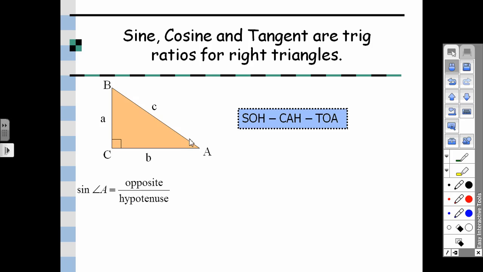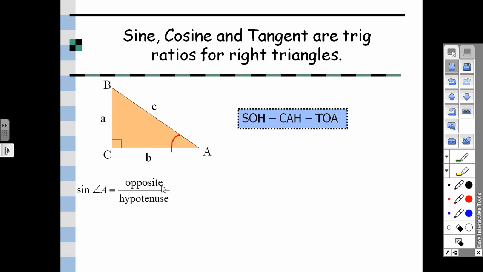First of all, we're going to be dealing with angle A right here, this angle. And when we talk about the sine of an angle, usually this is a measure, maybe it's 30 degrees or 82 degrees, whatever. The sine of this angle is equal to the ratio of these two sides. They say the opposite divided by the hypotenuse, or opposite over hypotenuse.